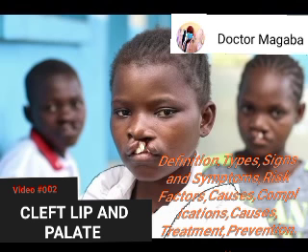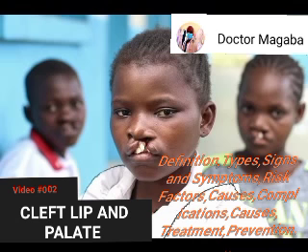Once those structures fail to join together, the defect starts to develop. And still about the causes of cleft lip, the exact reason why this happens in some babies is often unclear, and it's very unlikely to have been the result of anything you did or didn't do during pregnancy.